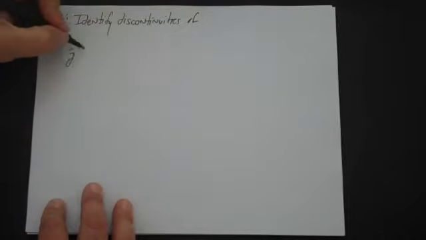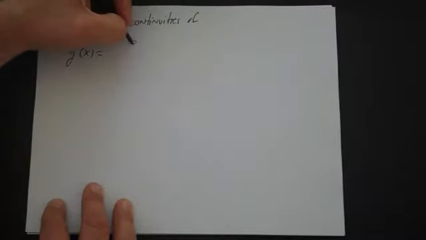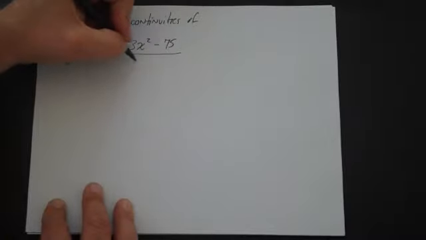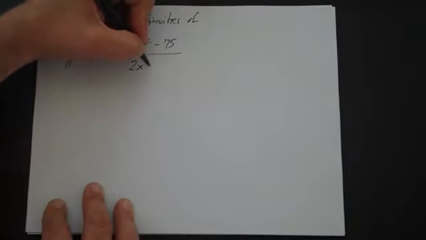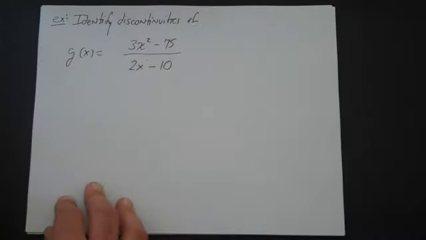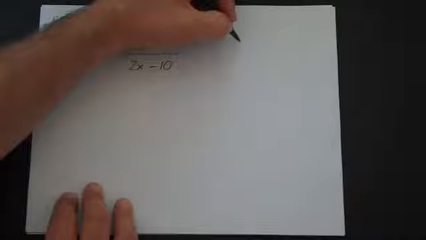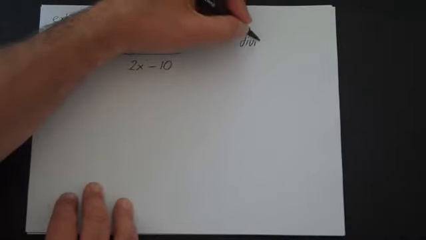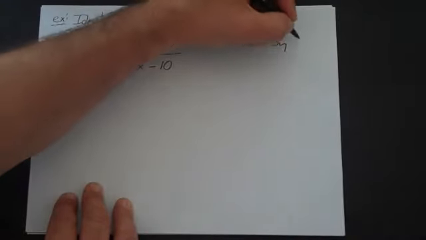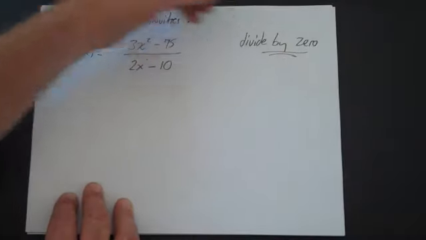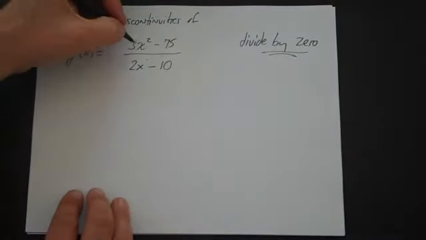Let's do g of x equals 3x squared minus 75 over, let's say, 2x minus 10. Basically what you're trying to find is points where you would divide by 0. That's the key. The way we're going to do that is to factor. So the first thing we're going to do is factor the numerator.